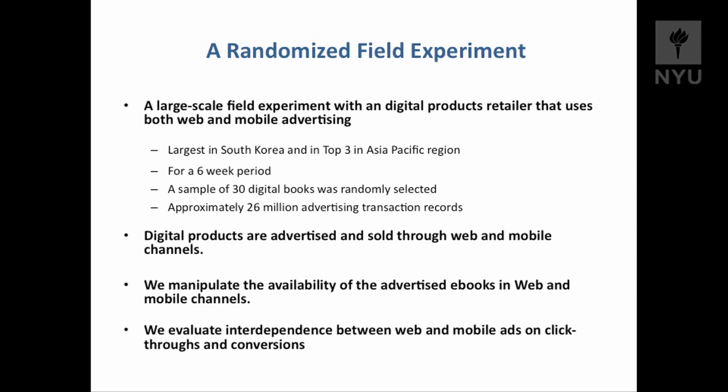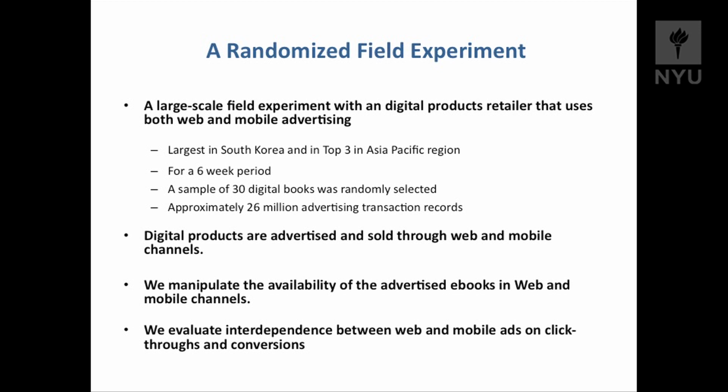So one of the companies we started working with was a digital products retailer. It's the largest in South Korea. It's also one of the top 3 in the Asia Pacific region in terms of revenues. Over a 6-week period, we ran a bunch of randomized experiments where we would manipulate the ads that show up for a variety of digital books, or e-books as we call them.